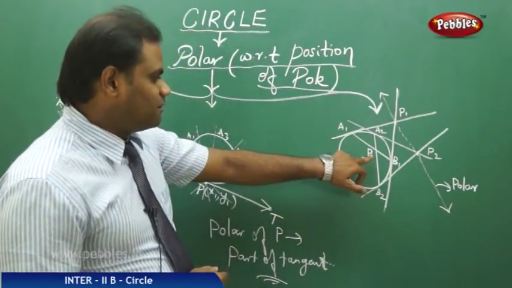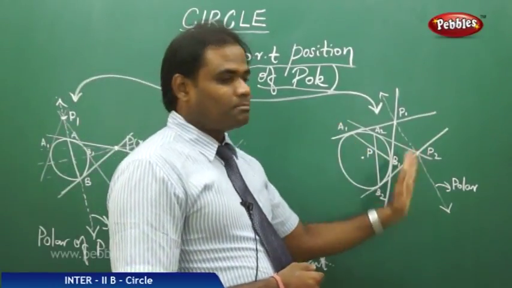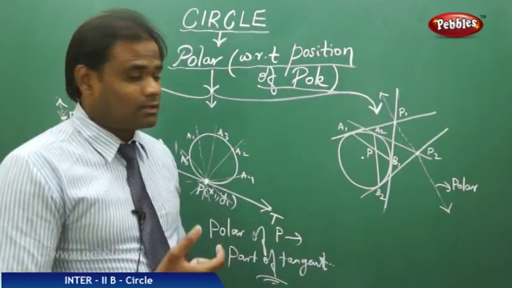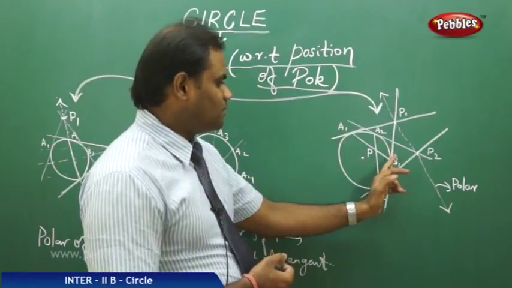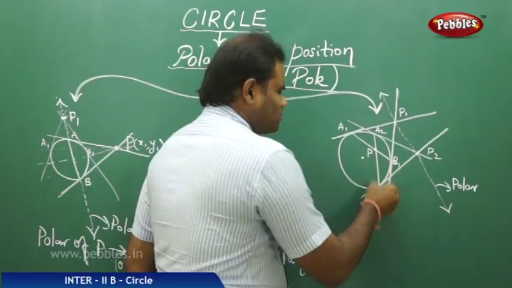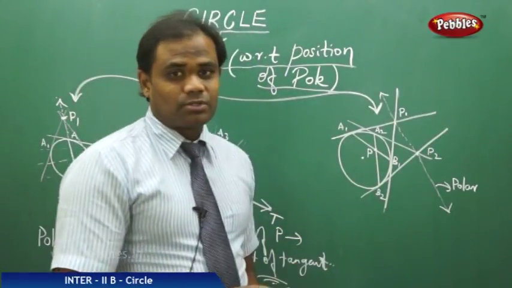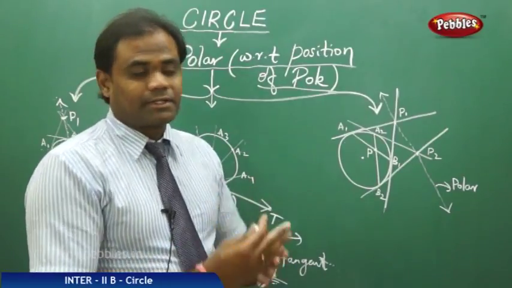As I see here, if P lies inside the circle, then if I take any two lines passing through P and cutting the circle at two points, that is, A1B1 is the chord passing through P (x1, y1), and A2B2 is the chord passing through P (x1, y1), then we know that a polar is obtained when I take the pair of intersecting tangents.